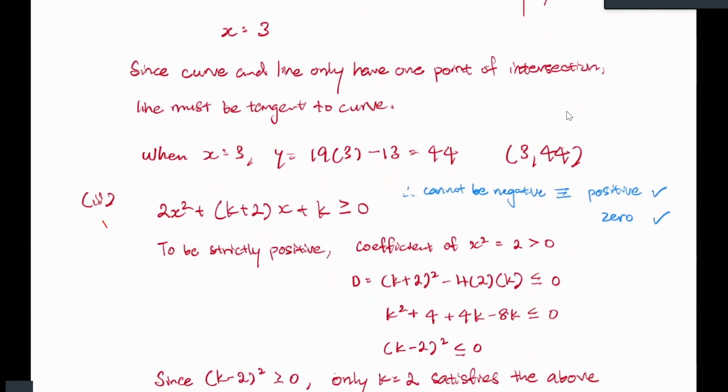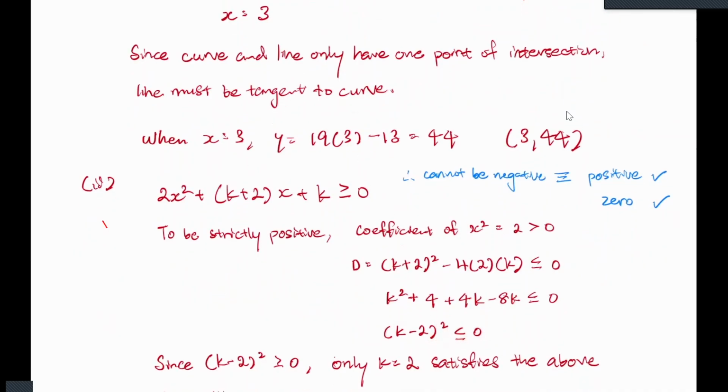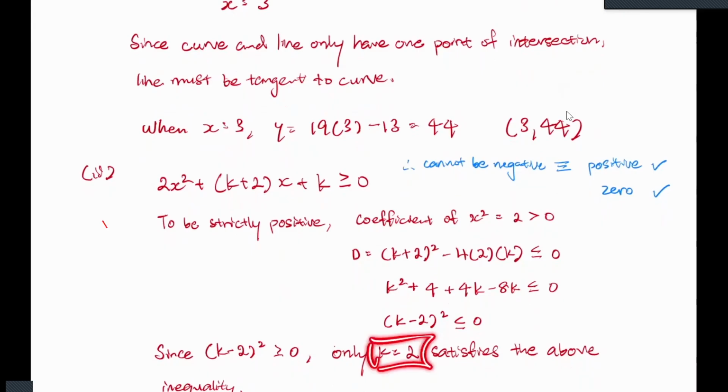We try to solve this, we'll end up having a squared term that is less than or equals to 0. So a squared term clearly is positive so it cannot be lesser than 0, which means that the only possibility is for the squared term to be equals to 0. So therefore, k equals to 2 is the only value that can satisfy the inequality.